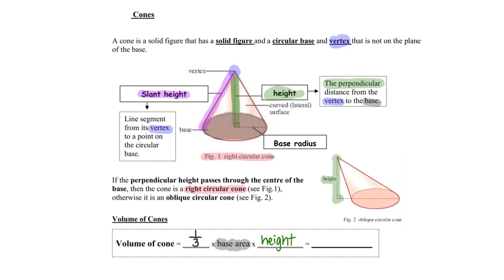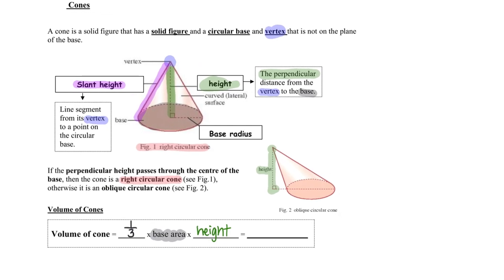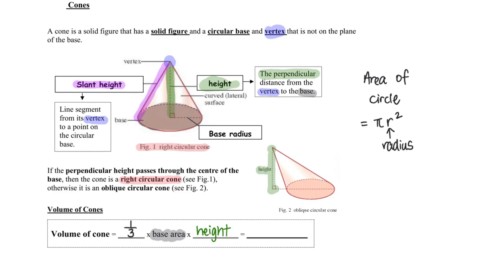And because it is always a circle, I hope you remember that the area of a circle is equal to pi r squared, where r is the radius of the circle, measured from the center to the circumference.